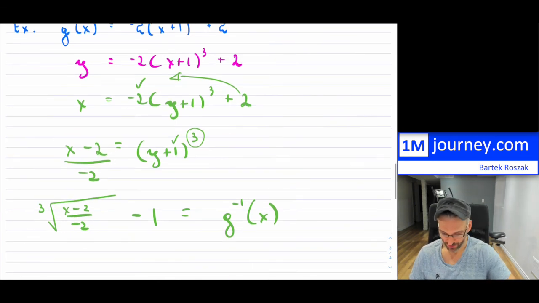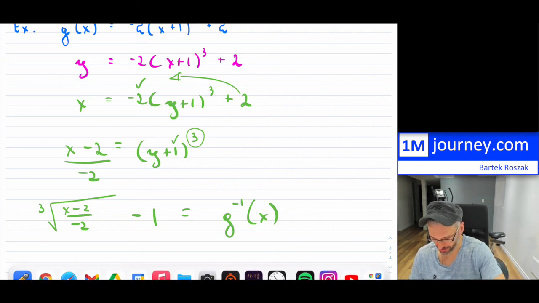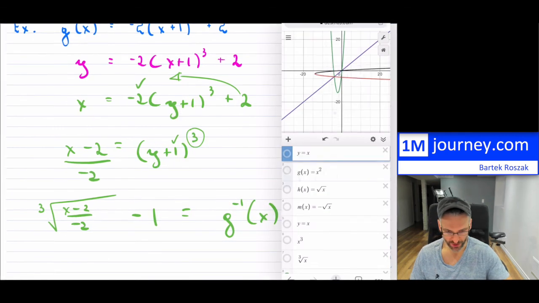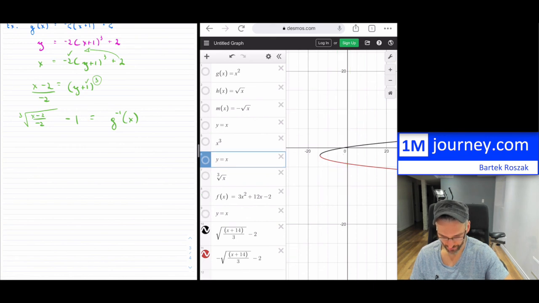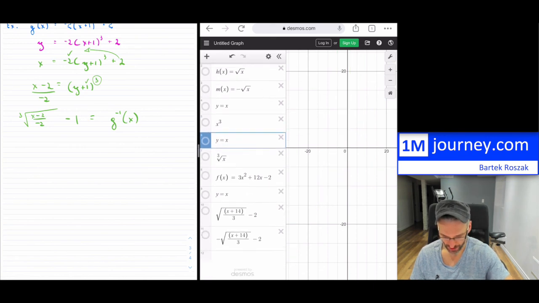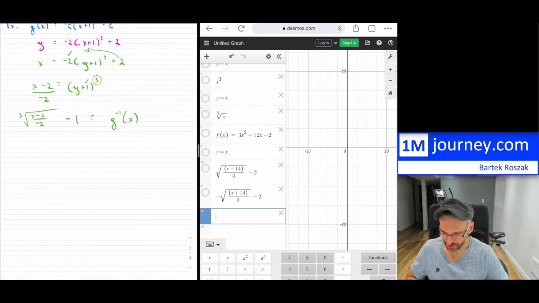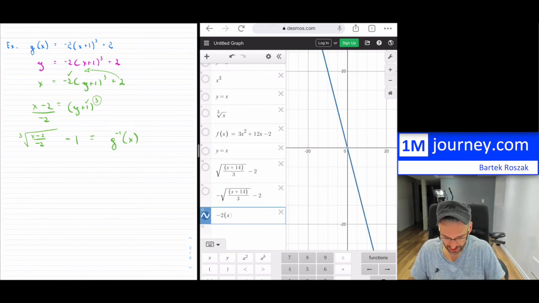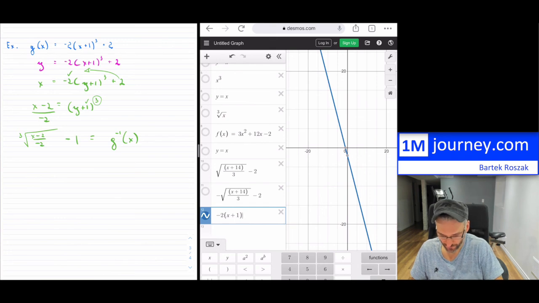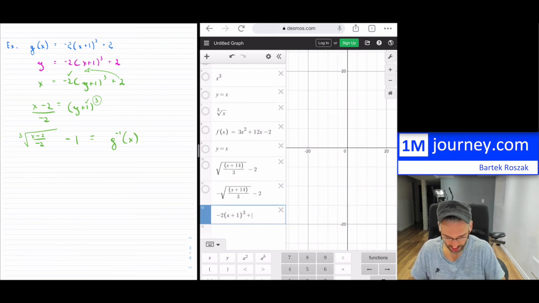Okay, so now to graph it, let me go back in here. Again, I'll try to split it, and I'm going to hide these away, and this will be it. So here's the original. Let's put that one in: negative 2 times (x plus 1) cubed plus 2.